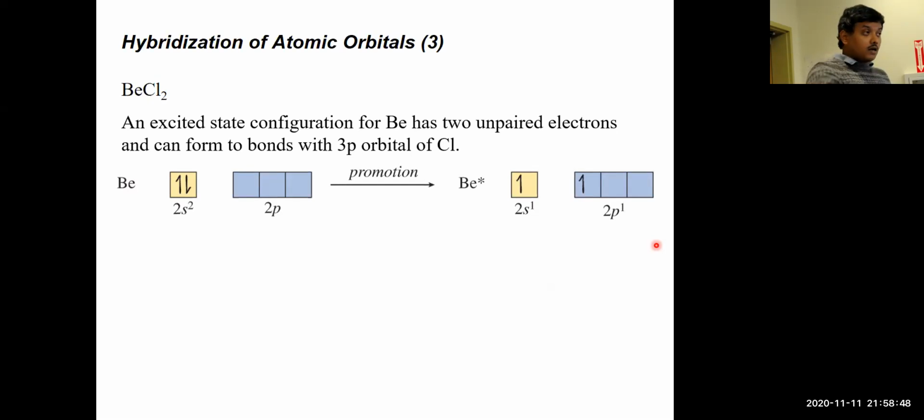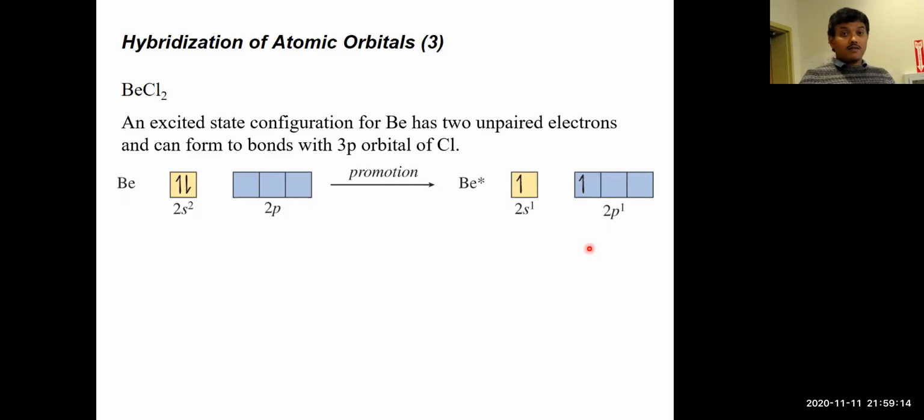So electrons from the ground state electronic configuration undergo promotion to maximize the bonding. Why does any element undergo promotion? Increase of the bonding is the key. Increase of the bonding is an exciting thing because they can accommodate more electrons. The beryllium nucleus can experience more electrons in its surroundings.